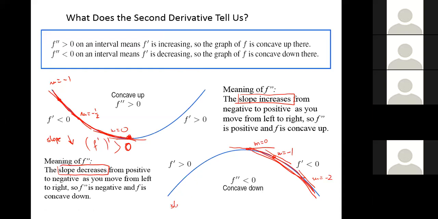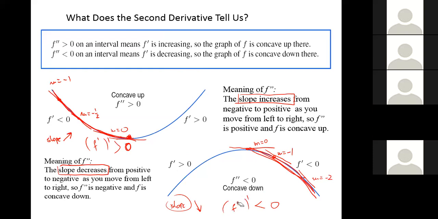If the slope is decreasing, its derivative must be, of course, negative. And slope, in the calculus way, is the first derivative.